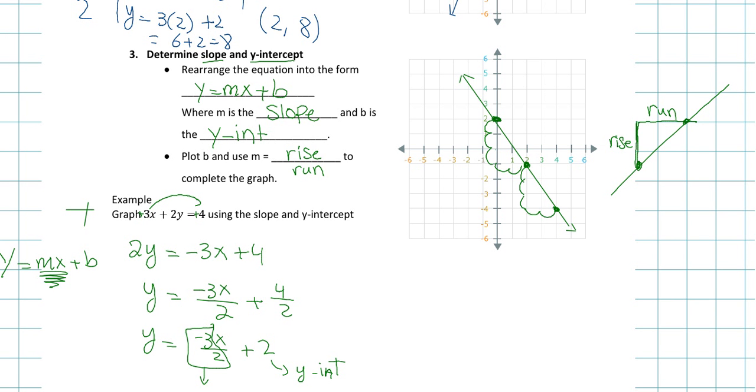So from this point, I went down 1, 2, 3, and then 2 to the right. Okay? Okay, she left. Are we okay with this? Yep.